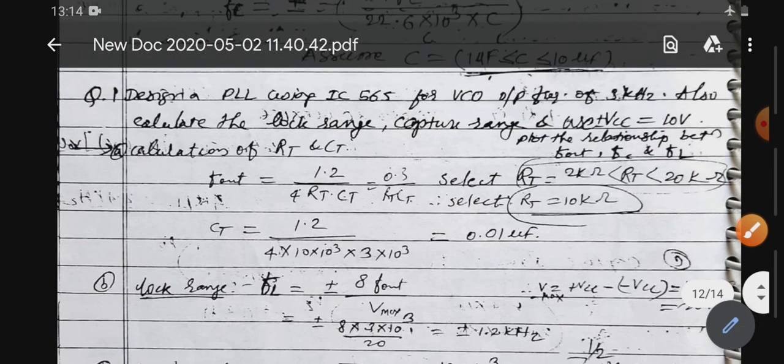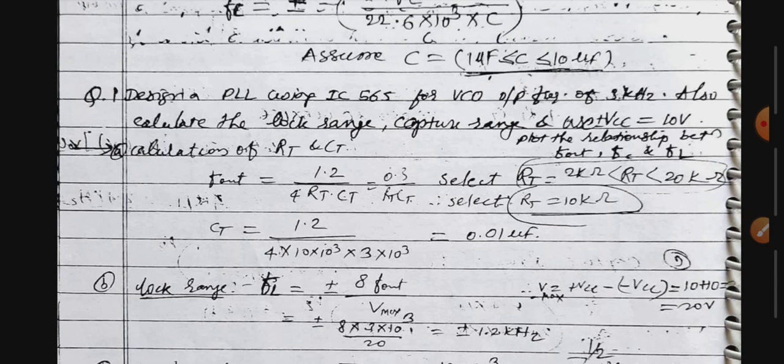Let us see. Design a PLL using IC 565 for VCO output frequency of 3 kHz. Also calculate the lock range, capture range, and use plus minus VCC as 10 volt. If VCC is not given in the problem, you can assume it as 10 volt or 12 volt.